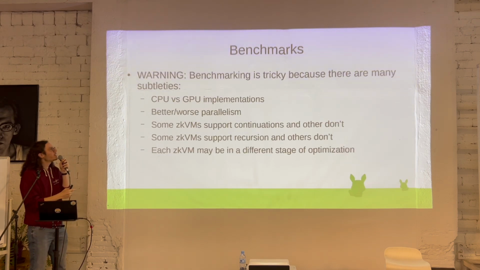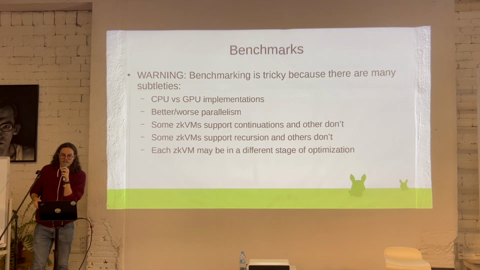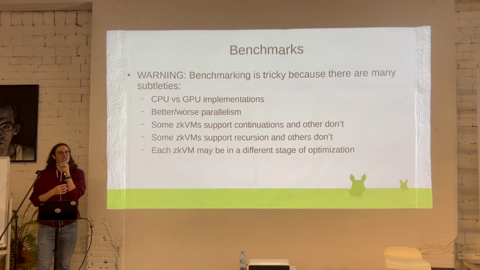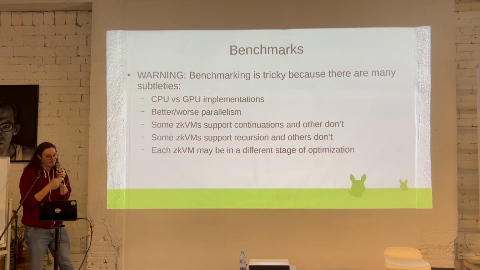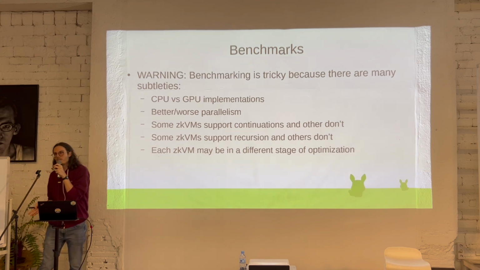Okay, and now this is the final part, and it's about benchmarks. I added a big warning, because I think Yingtong already mentioned before in the context of lookups, but here it also applies. Benchmarks are tricky. There are many subtleties. Some projects may have CPU implementations, others may have GPU implementations.